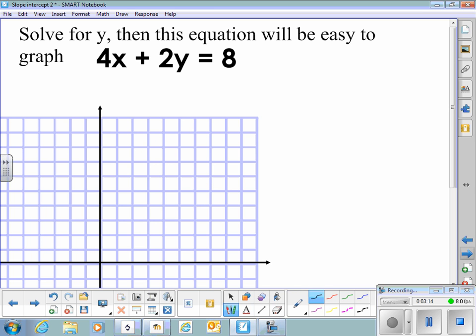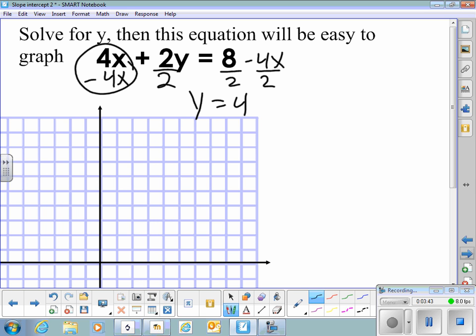But we could get this equation in that form if I subtracted 4x from each side. 2y is equal to 8 minus 4x. 1y is half of that. And if we have it as y equals, then we will have an easy way to graph that. So what we have is y equals 4 minus 2x.